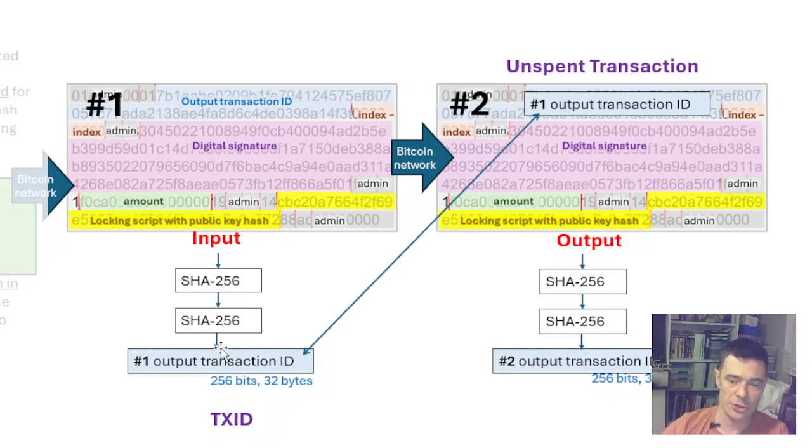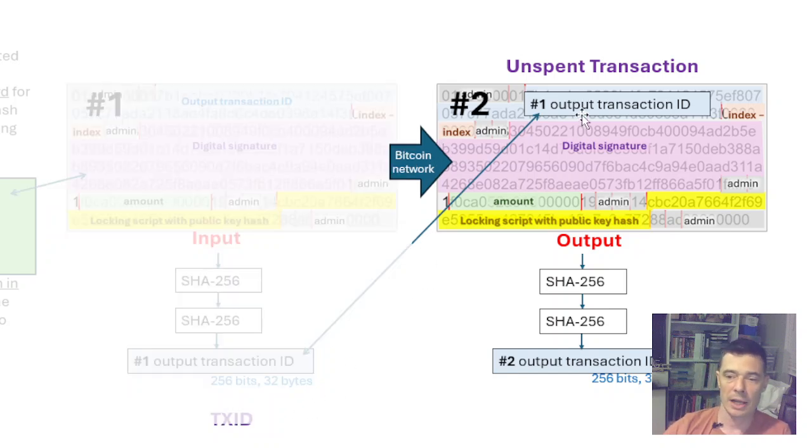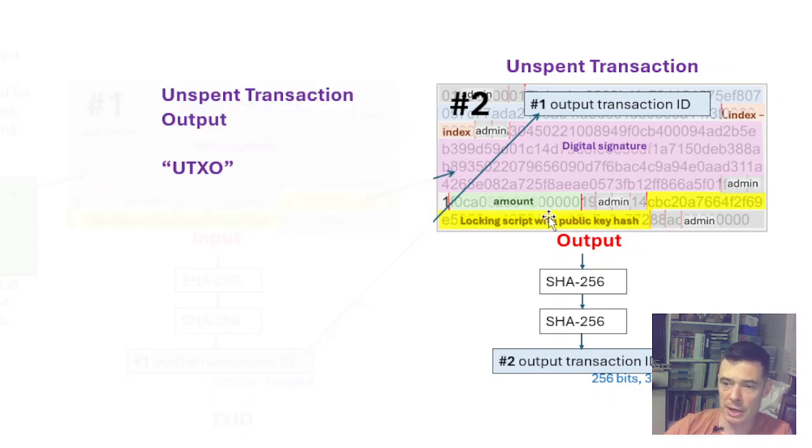It runs it through SHA-256, and you get this output, which is then included in the next transaction in the line. And the unspent transactions go by their own name.